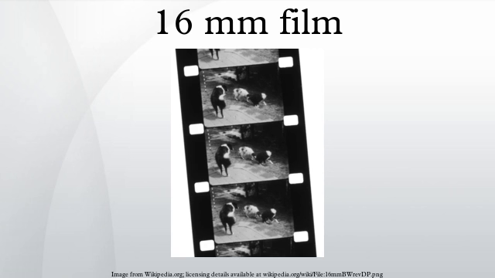RCA-Victor introduced a 16mm sound movie projector in 1932 and developed an optical sound-on-film 16mm camera, released in 1935.